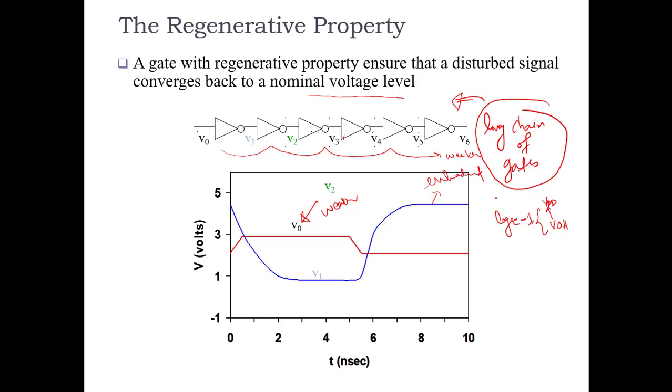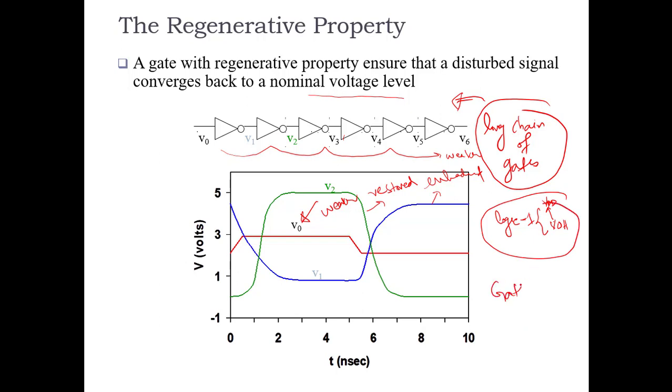Ones and zeros are enhanced, and you see here it is fully restored. Because of the logic thresholds, the gates have this kind of regenerative property. This is good because noise is everywhere, so it's a way to deal with noise.